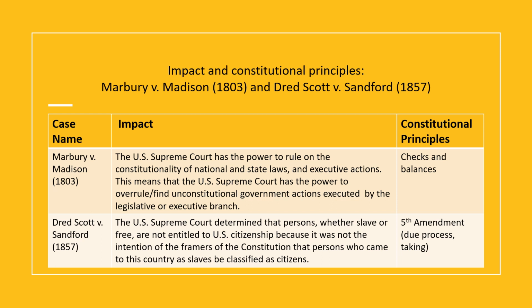And it's also a takings issue. The Fifth Amendment also includes the takings clause, which says that the government cannot take a person's property without providing them with appropriate compensation. So both the due process clause and the takings clause were appropriate in analyzing the Supreme Court's reasoning in Dred Scott v. Sandford.